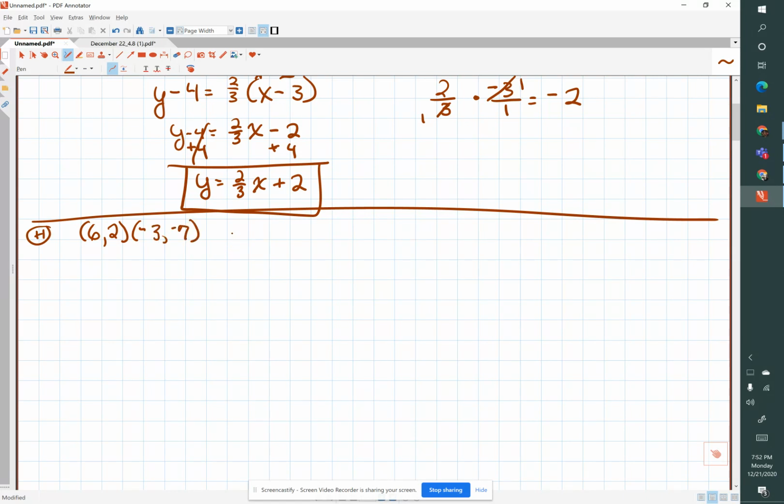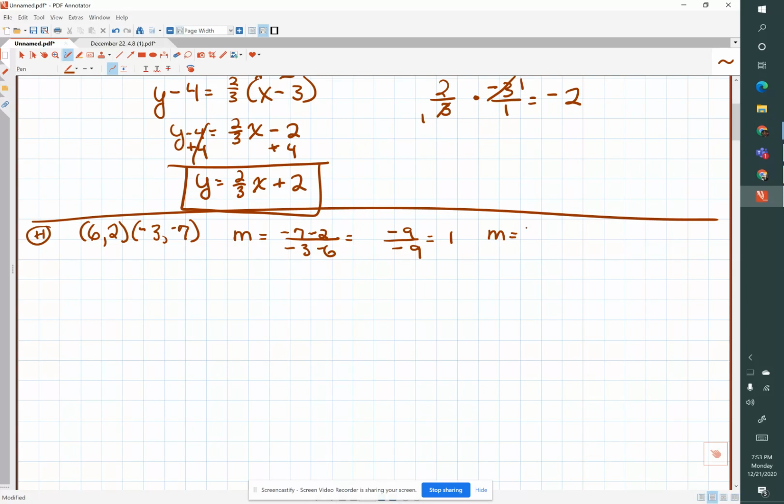First, we find the slope. So it's -7 minus 2 divided by -3 minus 6, which is going to be -9 over -9, which will equal +1.